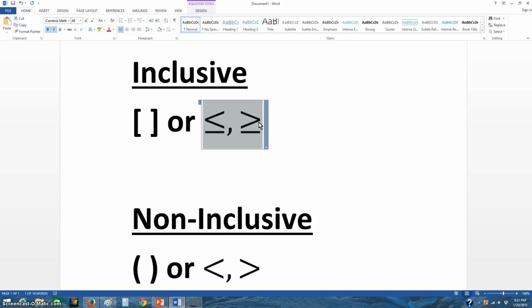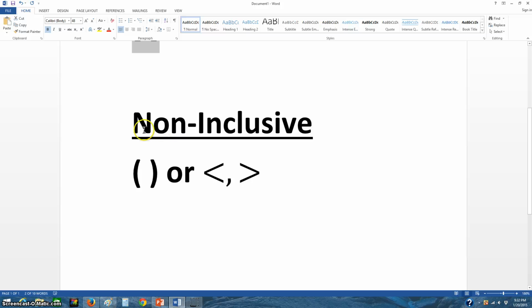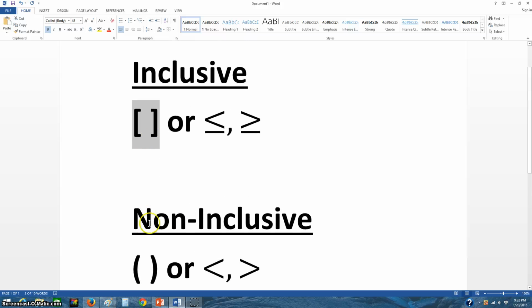In upper level mathematics, we tend to use more brackets. So as you saw, our domain was from bracket -2 all the way to +2, and then we closed it with the bracket. Brackets mean that we are including that -2 in our calculation, and we're also including that +2 in our stipulation.